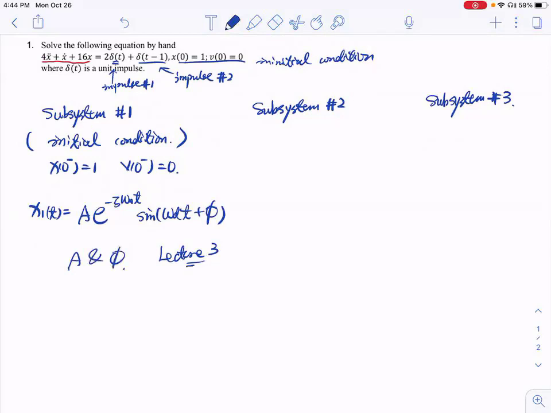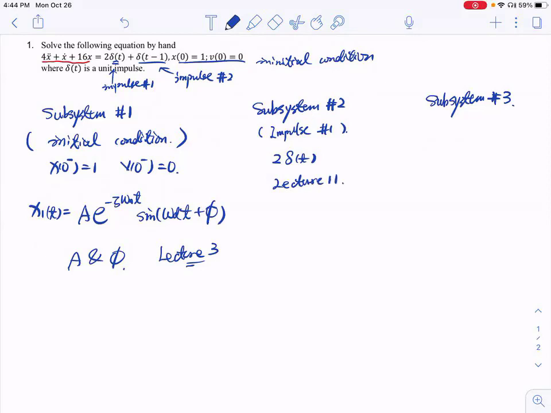So the second system is impulse number 1. Your impulse number 1 is actually 2 times a unit impulse. In this case, you have to go to lecture 11, where we talk about impulse excitations.